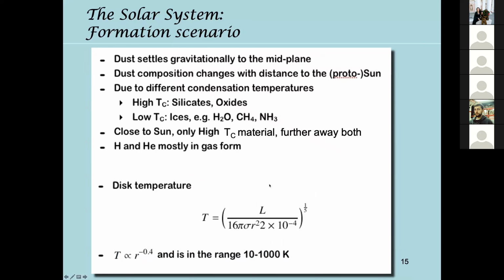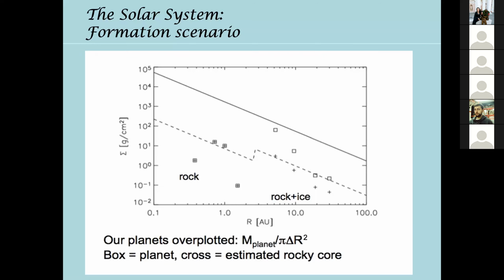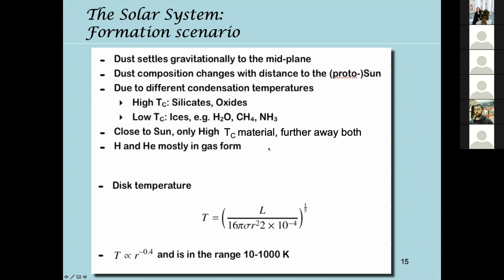So in the solar system, and this is in a sense true in general, you have to consider that if you move away from the central sun, you definitely have a composition difference. It's not just water that freezes, but also many other volatiles can freeze out, including, for example, methane and ammonia, and we see these in the giant planets Uranus and Neptune.